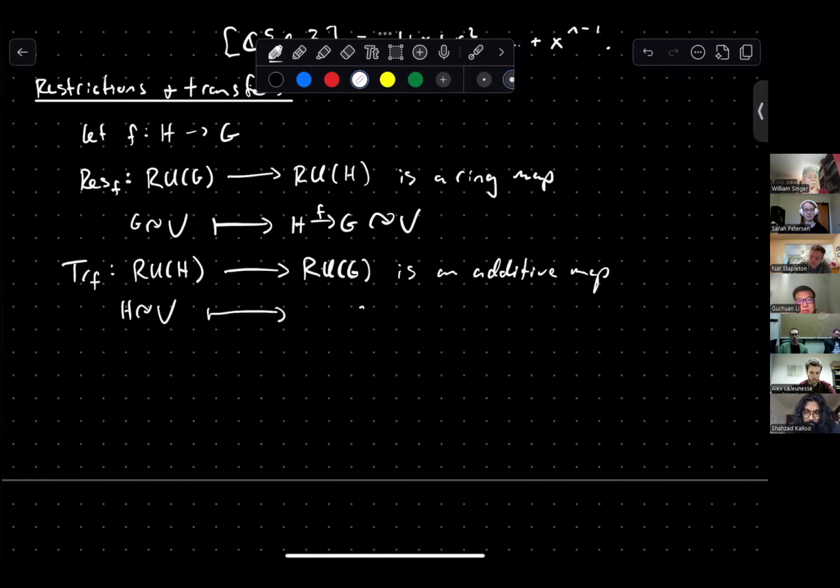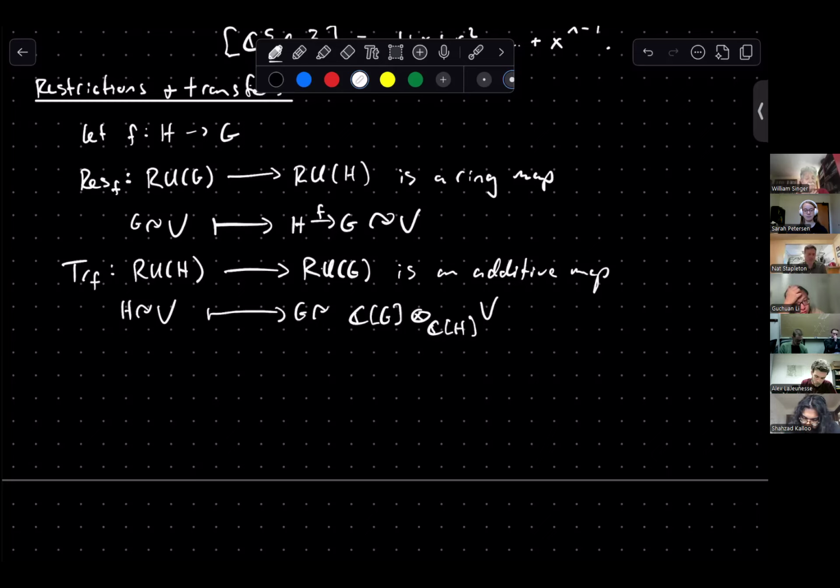So I can form the base change C[G] tensor over C[H] with V. And this base change comes with a natural action of G. And so this gives us a G representation. And this kind of base change interacts well with direct sums, which is why this is an additive map. But it does not interact as well with tensor products. We'll say more about that in a little bit.